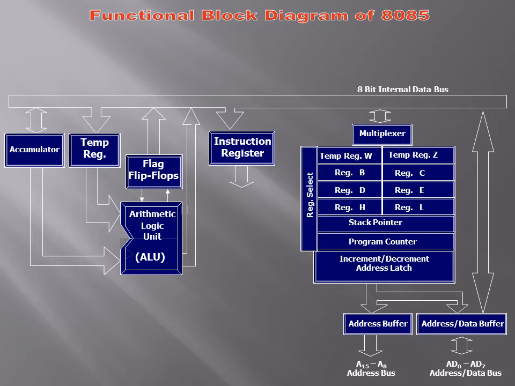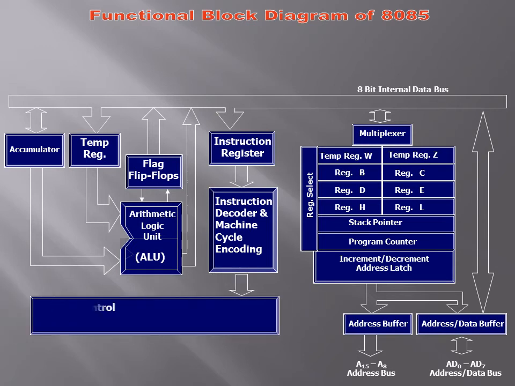Suppose the program is stored in the RAM; when the program flows towards the microprocessor, the first data byte is taken as the instruction. The instruction register fetches this instruction data and decodes it, and when it decodes it, it generates control.